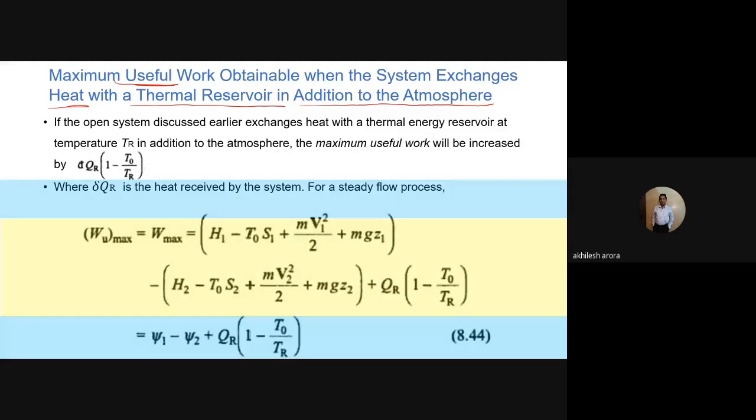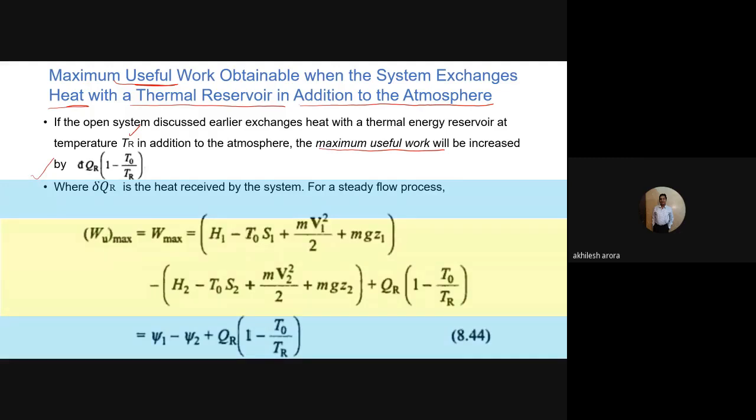Let me read what is written here. If the open system discussed earlier exchanges heat with a thermal reservoir at a temperature Tr, in addition to the atmosphere, the maximum useful work will be increased by this term. I told you I have drawn it there.